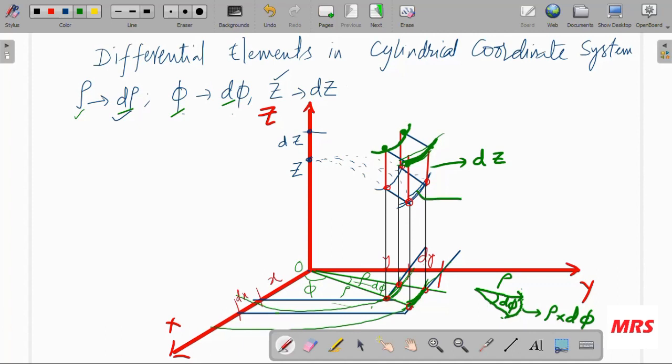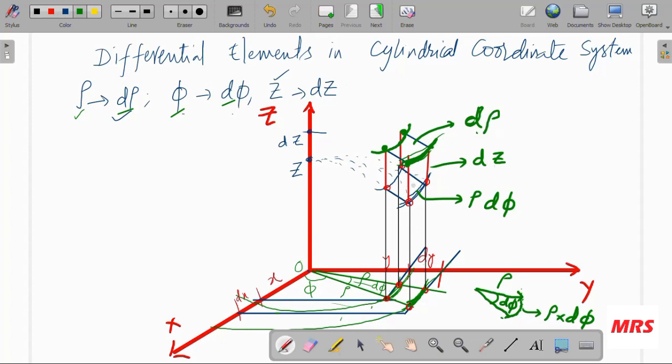So this arc length will be rho d phi. The length parallel to the z-axis is dz, and the element parallel to the y-axis is d rho. So finally we got the differential elements: d rho, rho d phi and dz.